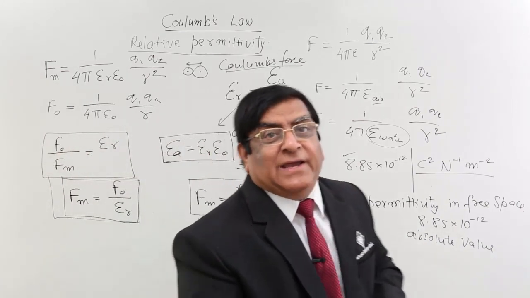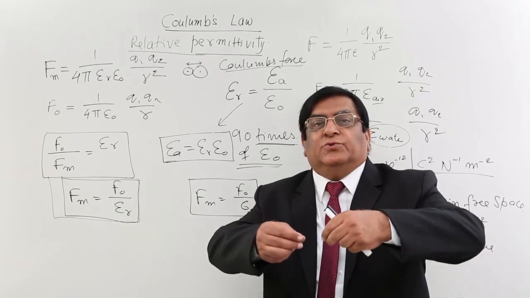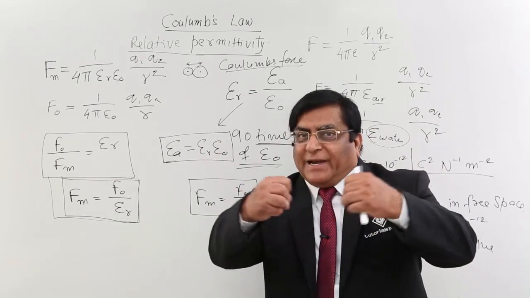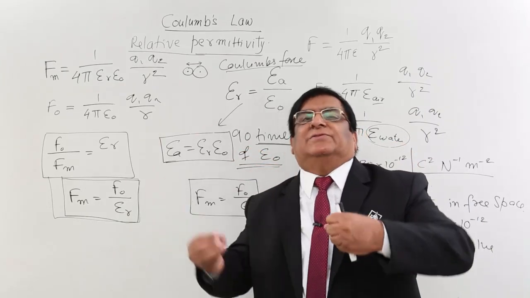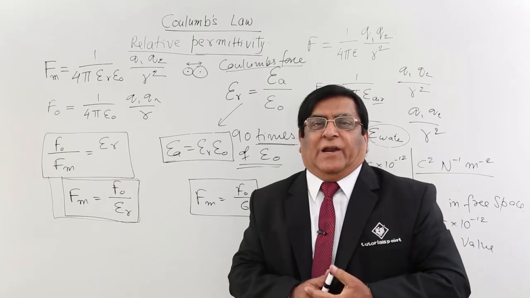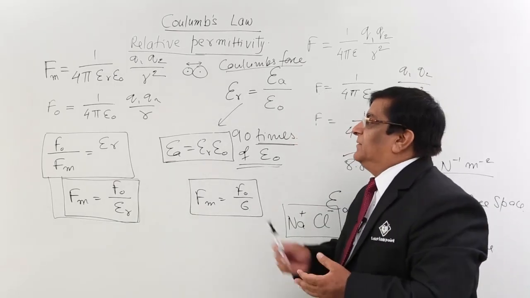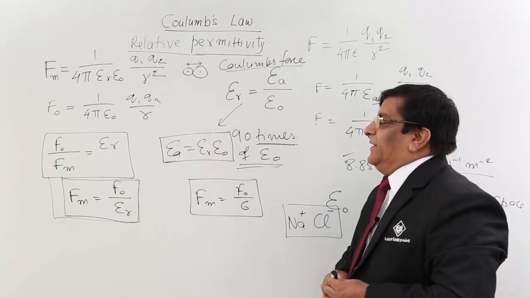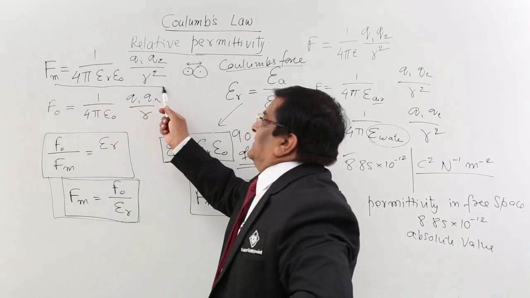If it decreased by 80 times, then we have a benefit. We want to use electrolysis to separate them. If their force has decreased, it is very easy to separate them by electrolysis. So this is the effect of relative permittivity, and you will remember our formula with relative permittivity.